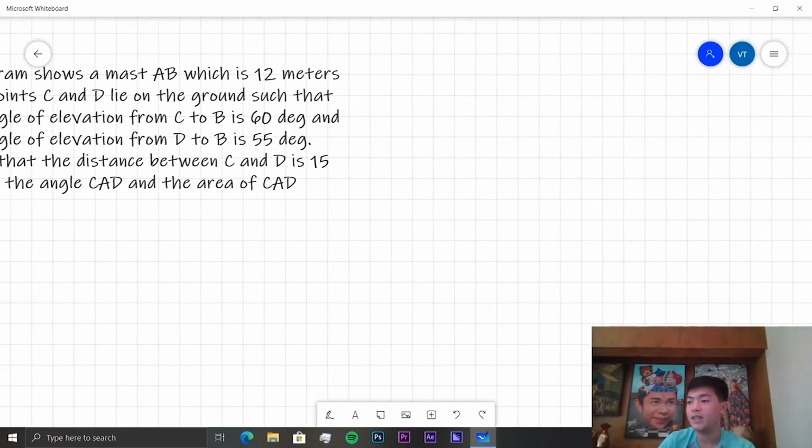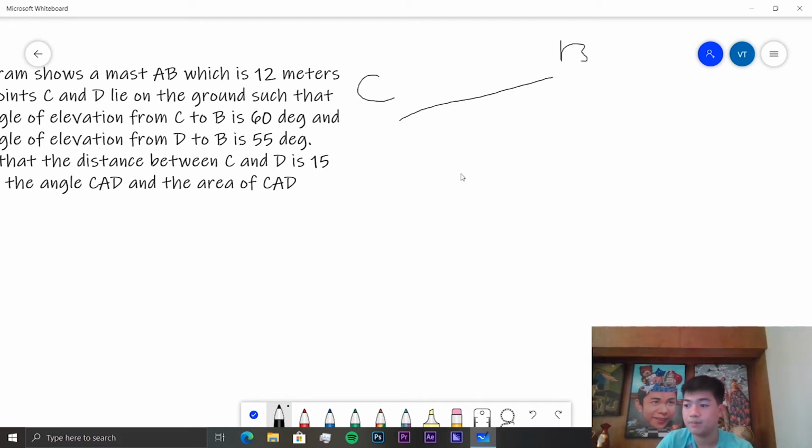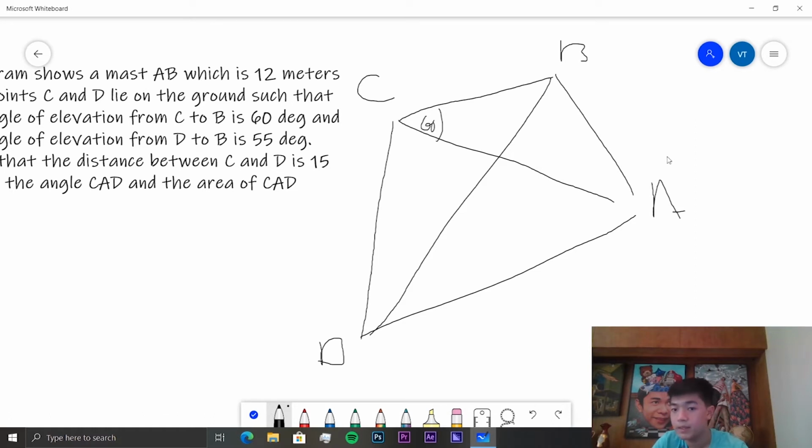So let's draw this diagram out. It's a bit confusing. So CB, B down, and then like this, like so. So we have A, it's like a kite. CBD, we know this is 60, this is 12 meters, and this is 55.